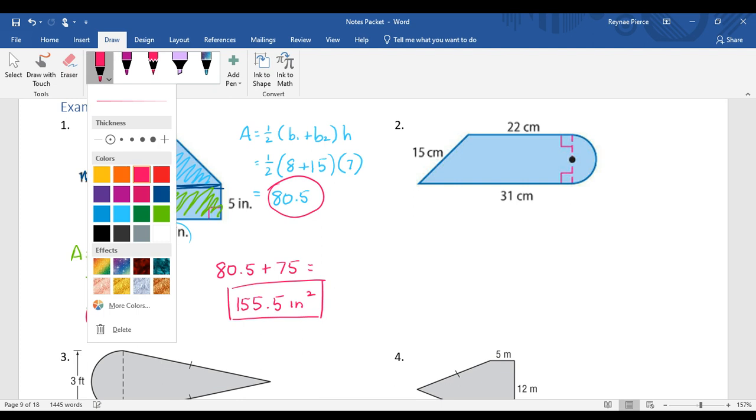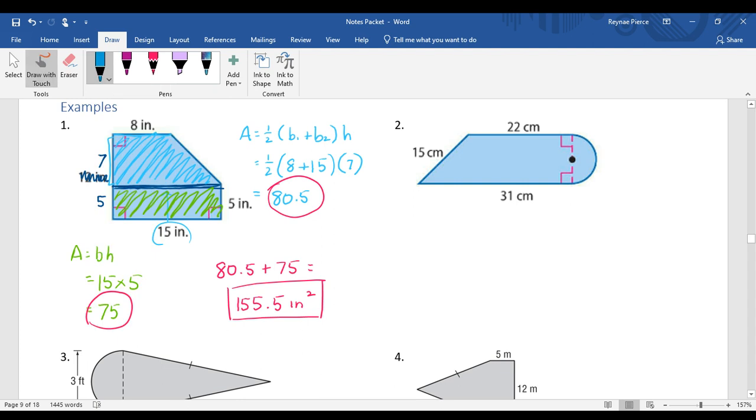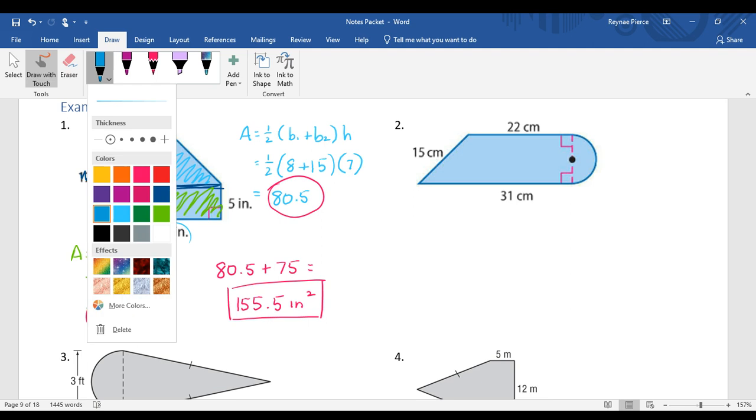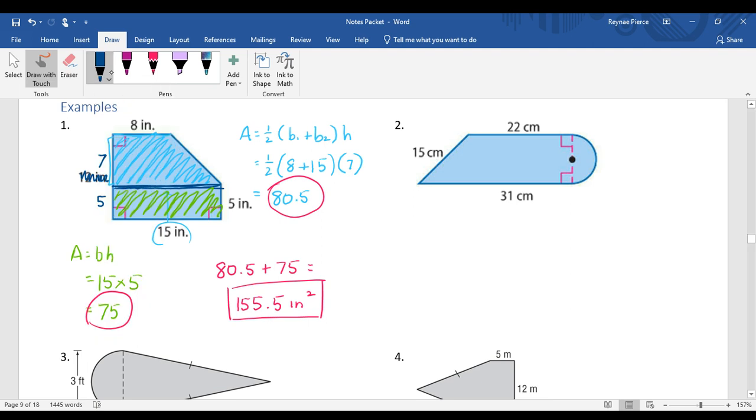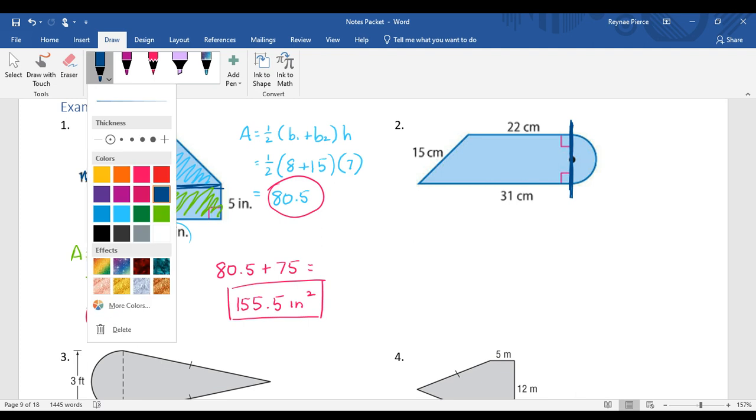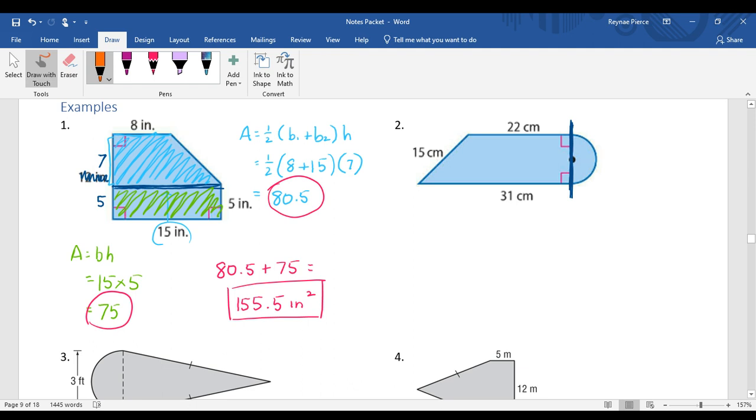Example number 2, when I look, I see a trapezoid on the left and a semicircle on the right. The first thing that stands out is that I don't know the height of this trapezoid.